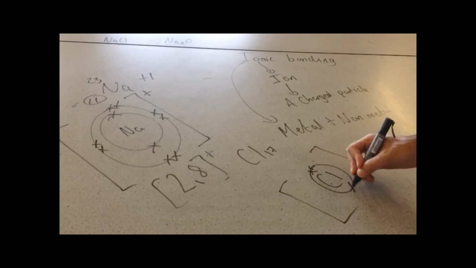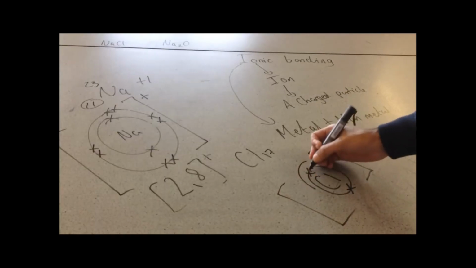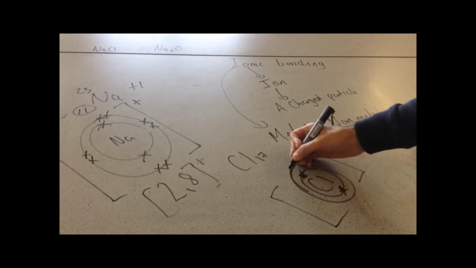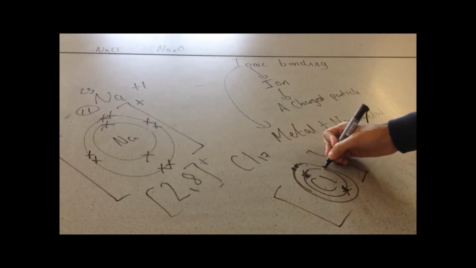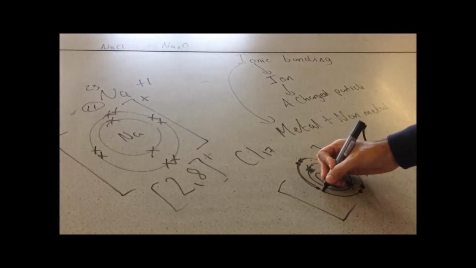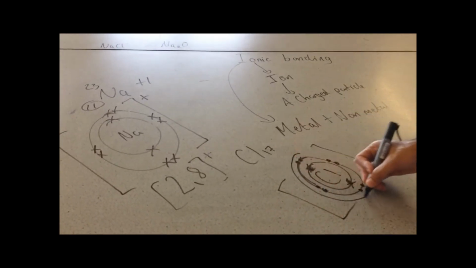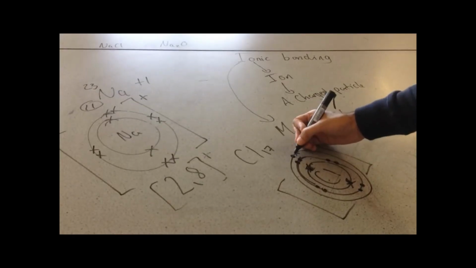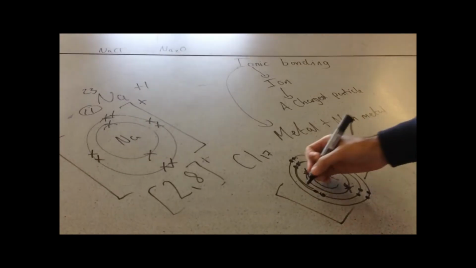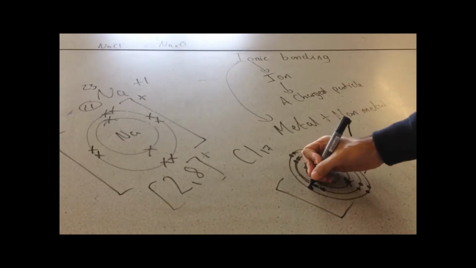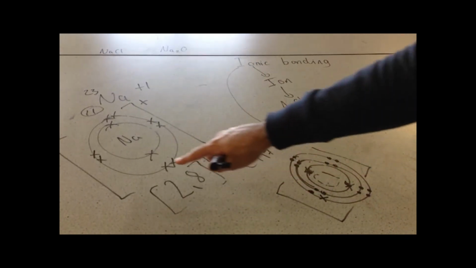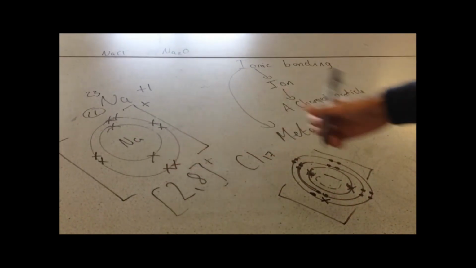So we got 2 in the first shell, okay, how many in the second? 8, perfect, so we got 8 in the second, lovely, and then in the third shell, we can have 8 as well, okay, but when we're drawing the third shell, we know one of the electrons has come from the sodium.